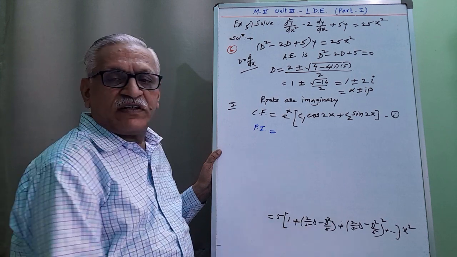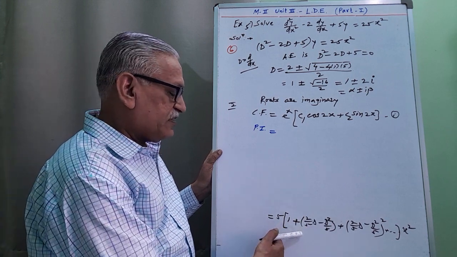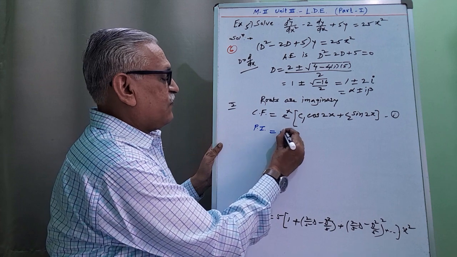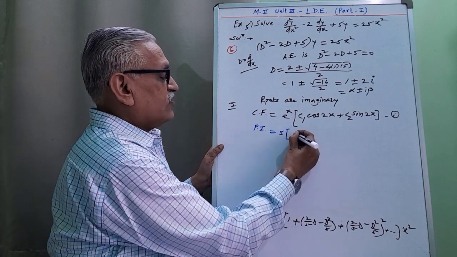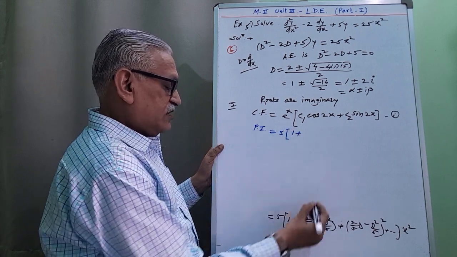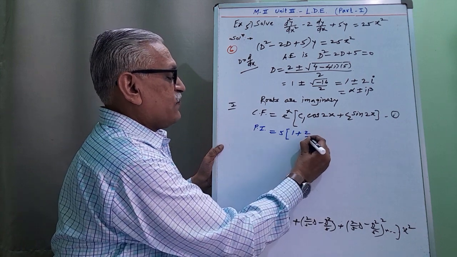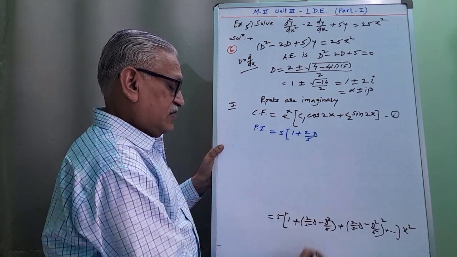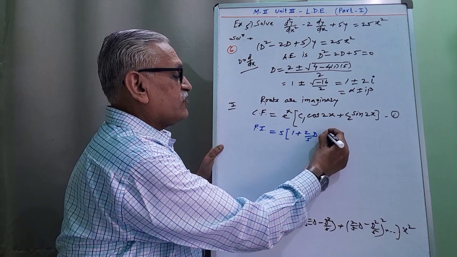This bracket raised to minus 1, its expansion remains the same. Therefore, 5 times 1 plus 2 by 5d and minus d square by 5.